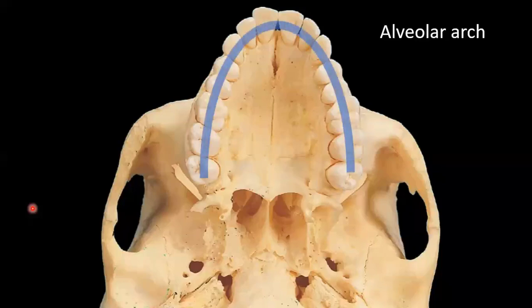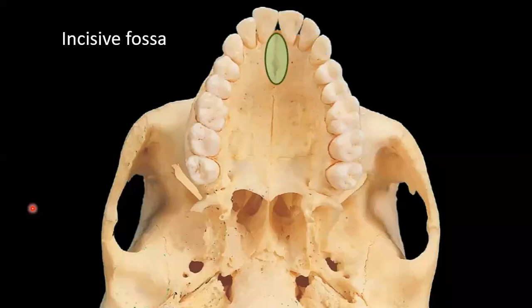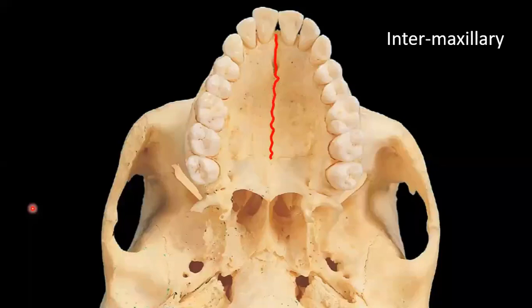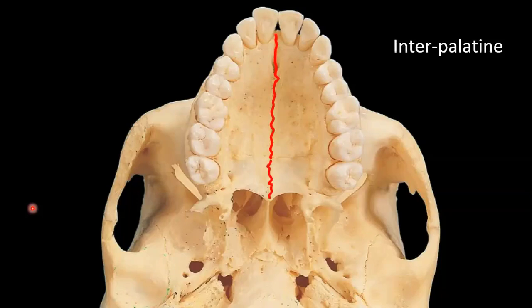So this is the anterior part which we have seen, and obviously we'll just revise what are the various parts. So this is the alveolar arch, right? And then we saw the sutures. And before the sutures, we see this is the incisive fossa. Okay, this is the region of the incisive fossa having the incisive foramen. Then this is the intermaxillary suture. And here we have the interpalatine.